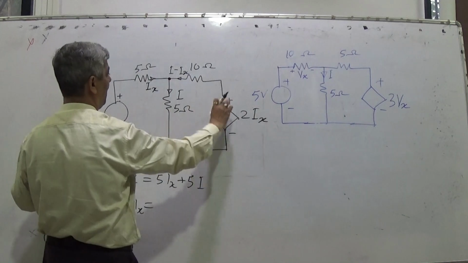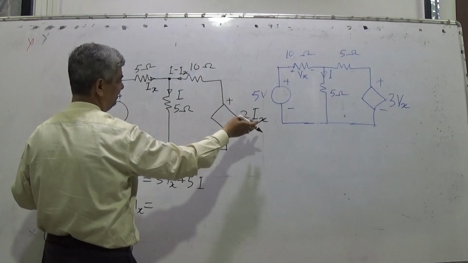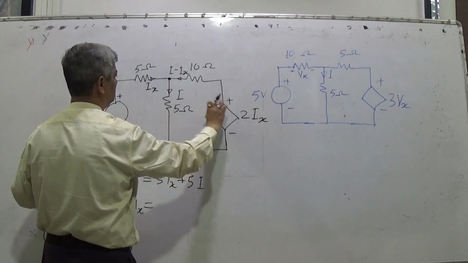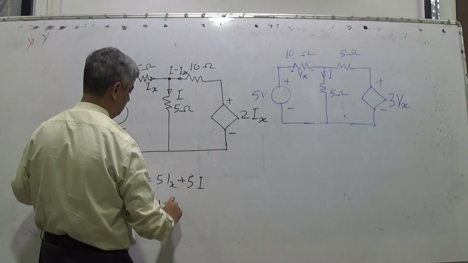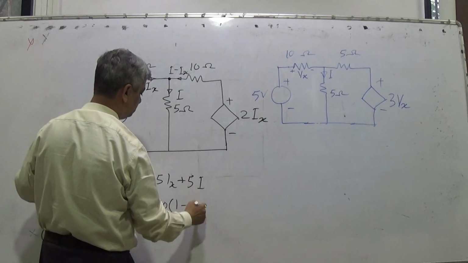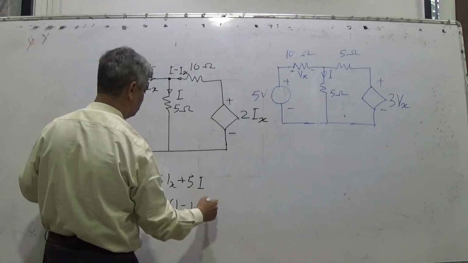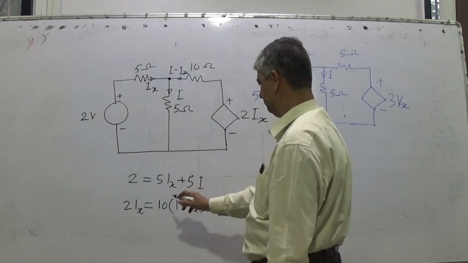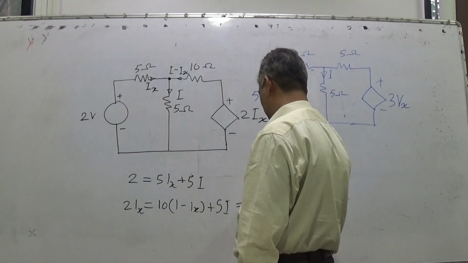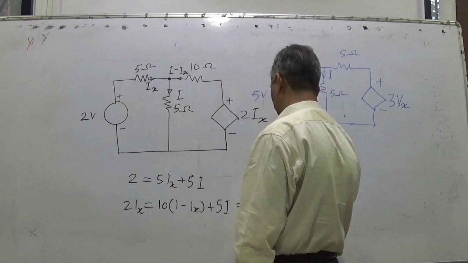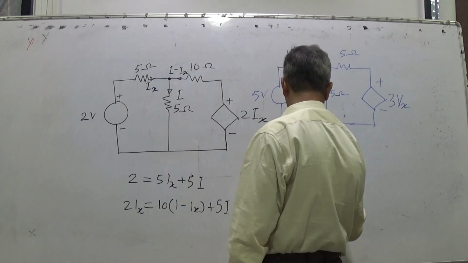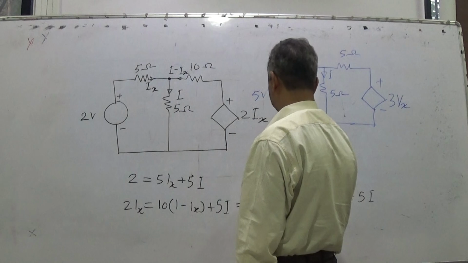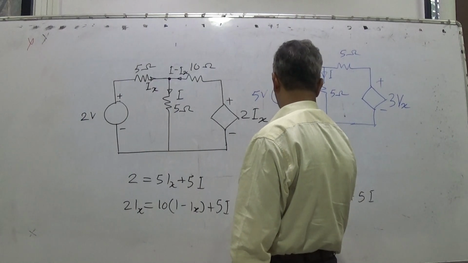The voltage source is 2Ix, and there is no need for you to see what it is. 2Ix is equal to 10 into bracket I minus Ix plus 5I. So we can expand: 2Ix is equal to 10I minus 10Ix plus 5I.